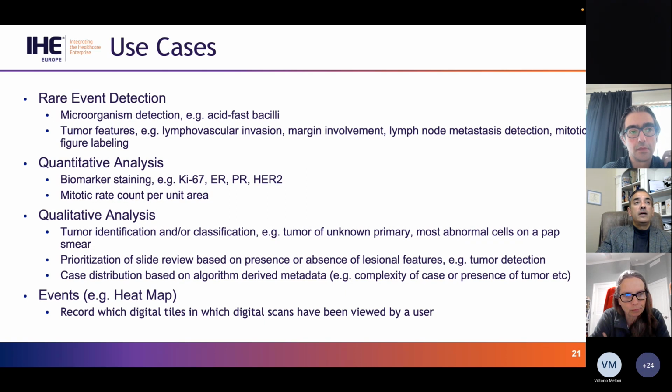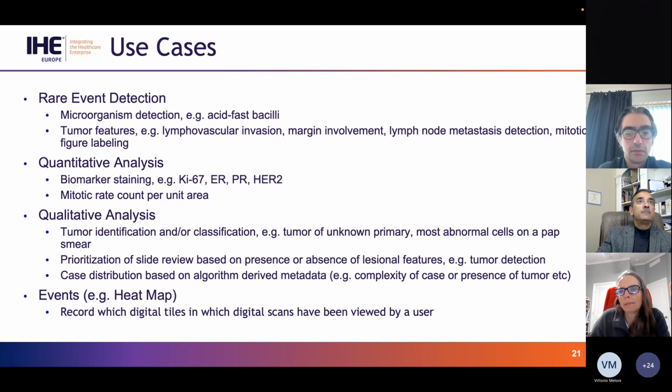So including better identification of tumors, prioritizing slide review, looking at various metadata, complexity of cases, those kinds of things to ensure that errors aren't made.